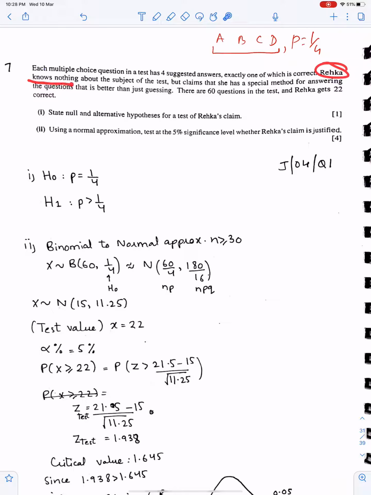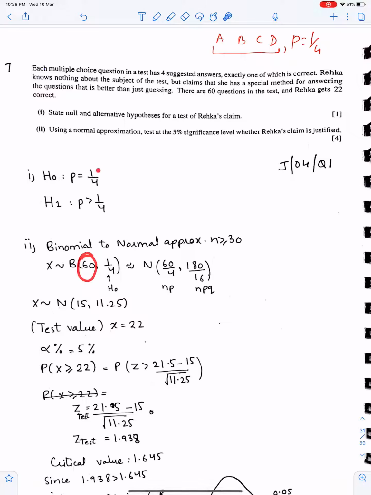Miss Rekha knows nothing about the subject of the test, but she claims that she has a special method for answering the questions that is better than just guessing. That means H1 has a greater than sign, because this is her claim. 60 means n, the sample size, the n of binomial.